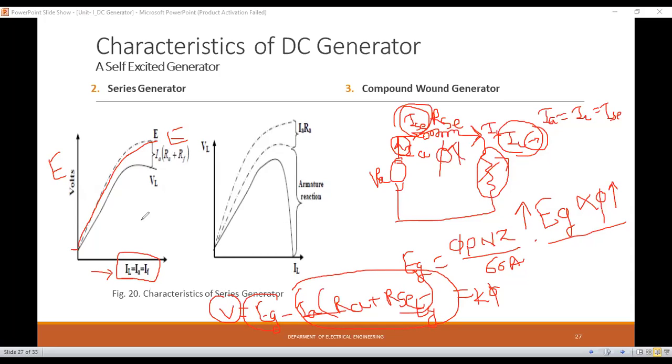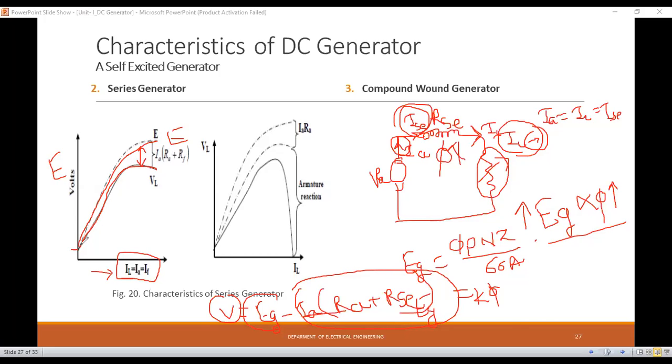So this is the V versus IL characteristics. This V, the load voltage versus load current characteristic, is shown in this graph. Again this characteristic lies below the induced EMF characteristic at no load condition.